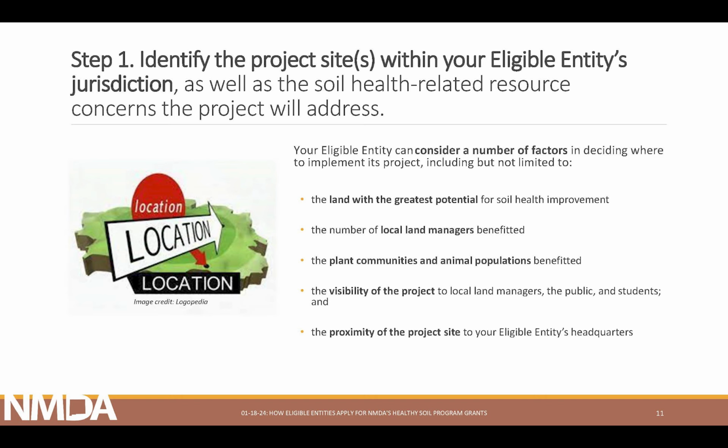And then also you want to take into account the proximity of the project site to your eligible entity headquarters. So you want to have fairly easy access, but at the same time, again, you want to have that project site selected that is going to enable you to benefit soil health to the maximum extent possible.